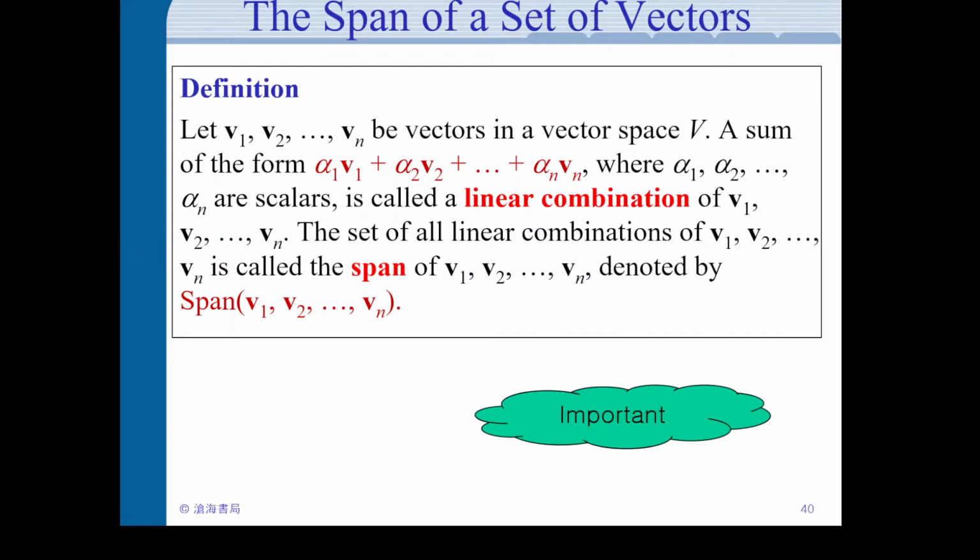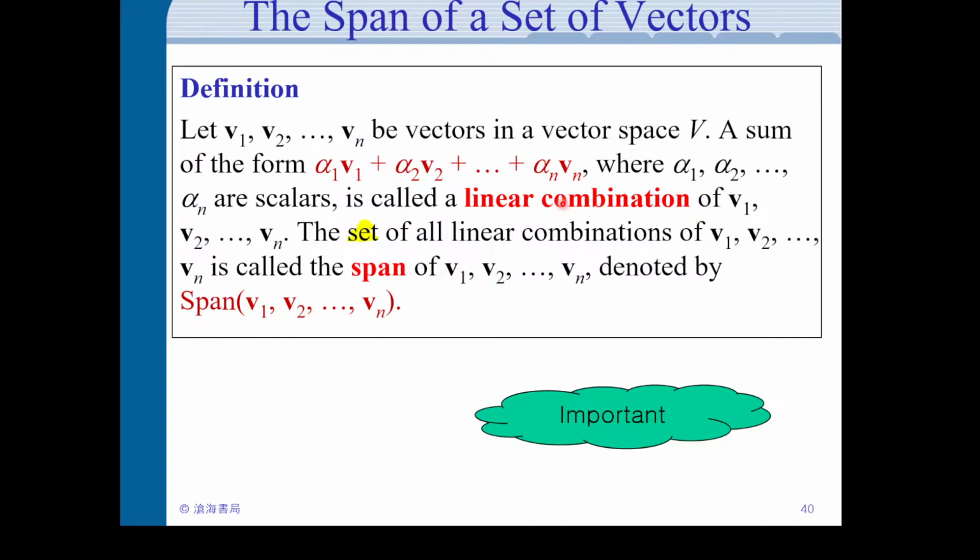I should emphasize here that the span is a set of vectors of this form: alpha 1 v1 plus alpha 2 v2, all the way to alpha n vn. This set of vectors of this form is called the span of v1 to vn.